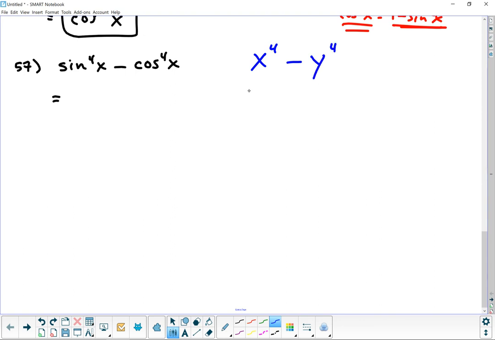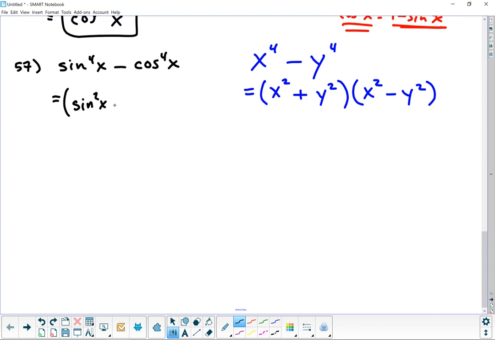Now with that one, you can rewrite it as x squared plus y squared times x squared minus y squared. If you check it out, it'll actually work out. So by doing that, I can rewrite it as sine square x plus cosine square x times sine square x minus cosine square x, like that.